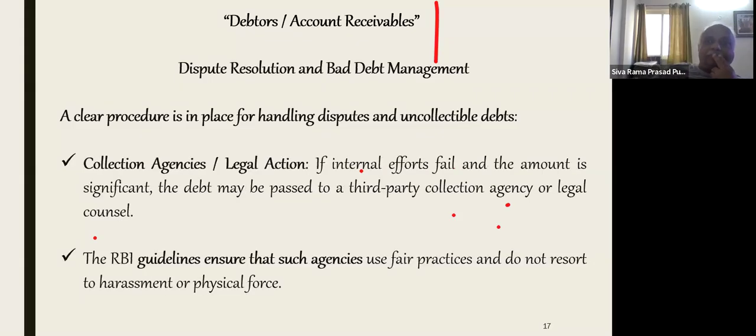Collection agencies, legal action. If internal efforts fail and the amount is significant, the debt may be passed to a third-party collection agent and the local counsel. Even today, banks are engaging the services of debt recovery agencies. Whenever they give loans and their officers are unable to recover, they use debt recovery agents, DRAs.